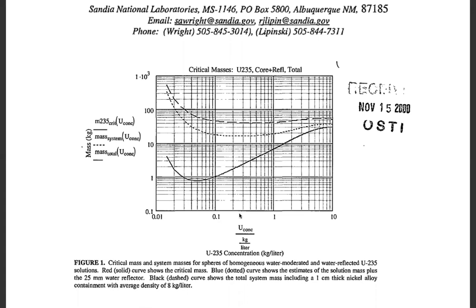The concentration that I showed you was, I think, 1 kg in 44 liters, so it's about 0.027 kilograms per liter. Okay, so 1 divided by 44 is how much?